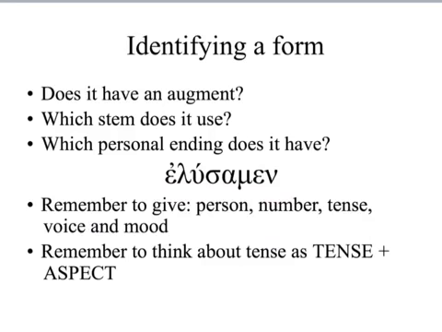That makes its meaning we loosened or we destroyed. Simple action in the past. So always remember to think about tense, aorist in this case, as a combination of time, past time, and aspect, simple aspect.